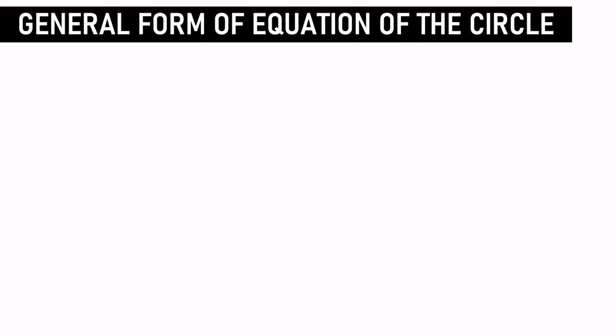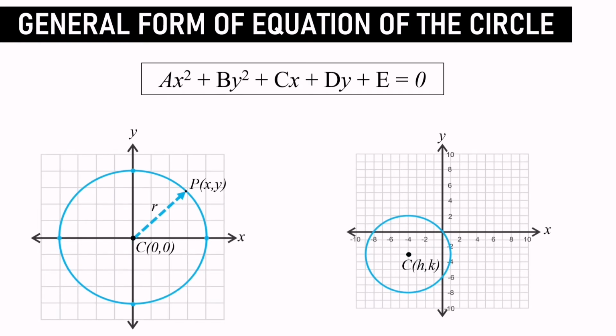Okay. Another equation na akong gi-include ani na tutorial is the general form of equation of the circle. So, ang general form of equation of the circle is this one. Ax squared plus by squared plus cx plus dy plus e is equal to 0. Ang derivation pod ani naa na pod sa katong derivation sa equation of the circle na akong gihimo.